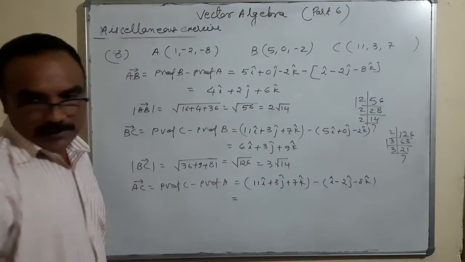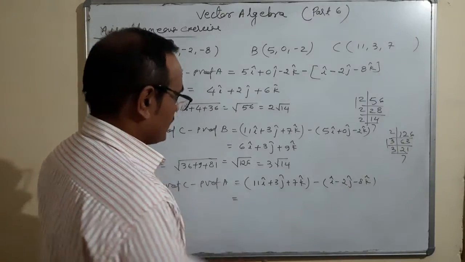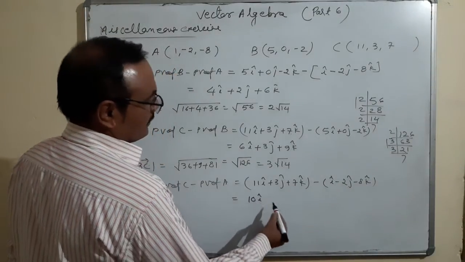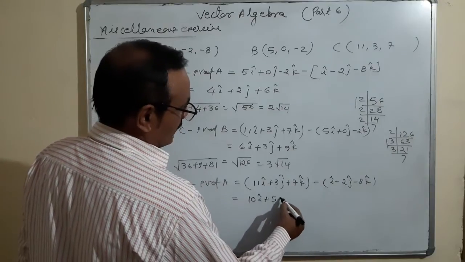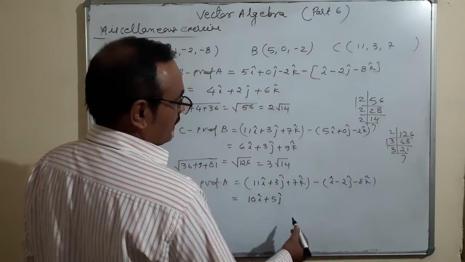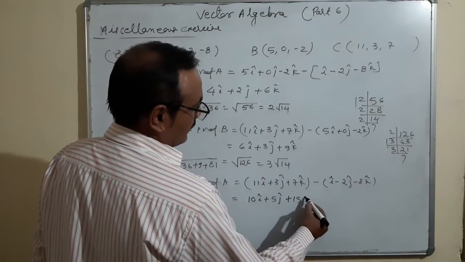So it is coming 11i minus i, 10i; 3j plus 2j, 5j; 7k plus 8k, it is 15k.